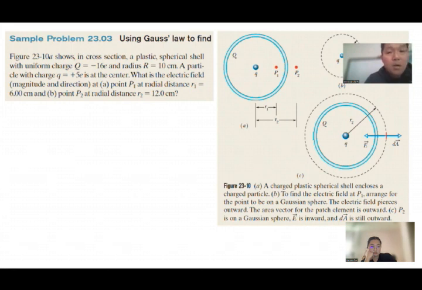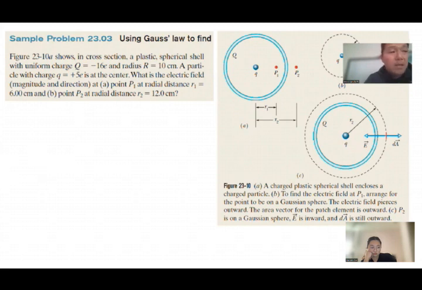In this case, the point charge is sitting at the center of the system, so your Gaussian surface must be the symmetrical shape, which is a sphere. For the first question, you create this Gaussian sphere inside of the spherical shell, because point 1 is inside the spherical shell.